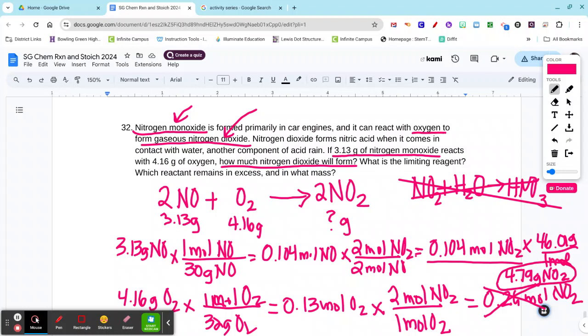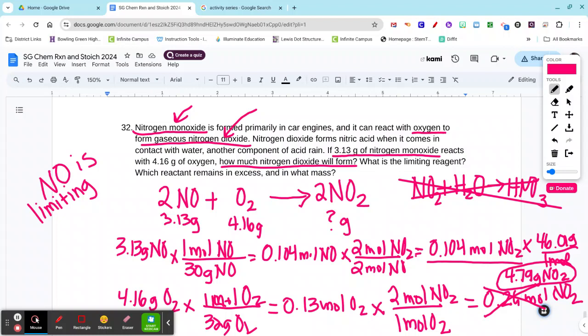All right, so that is my answer for how much nitrogen dioxide will form. Okay, now I'm going to go back. What did I start with? NO. So that answers my next question. NO is limiting. Woohoo. Now it wants to know how much excess do I have.